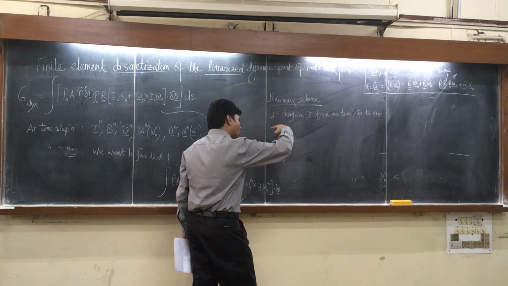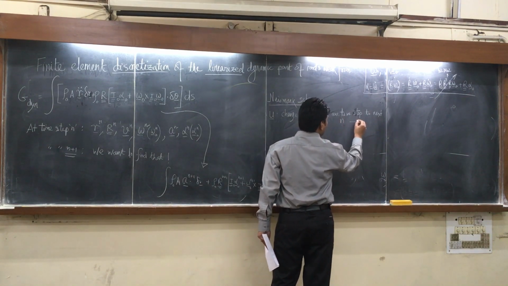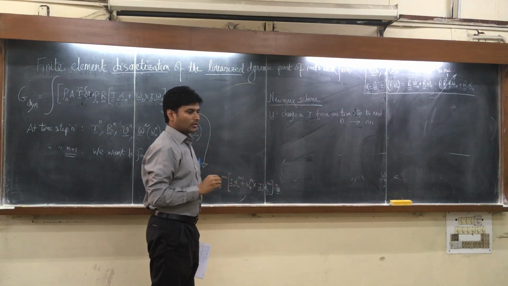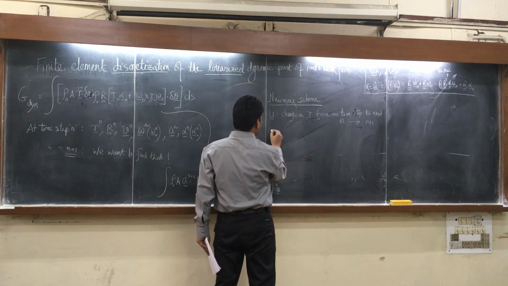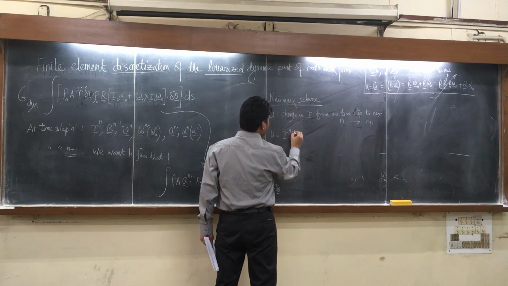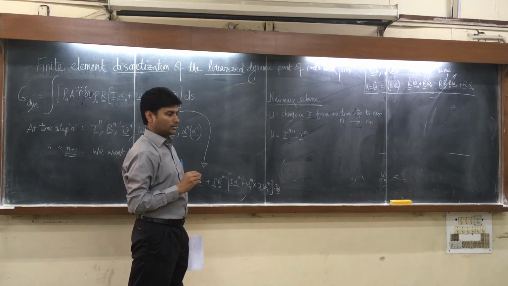And in this case, we are going from n to n plus 1. So U is nothing but R of n plus 1 minus R n. That's by definition.